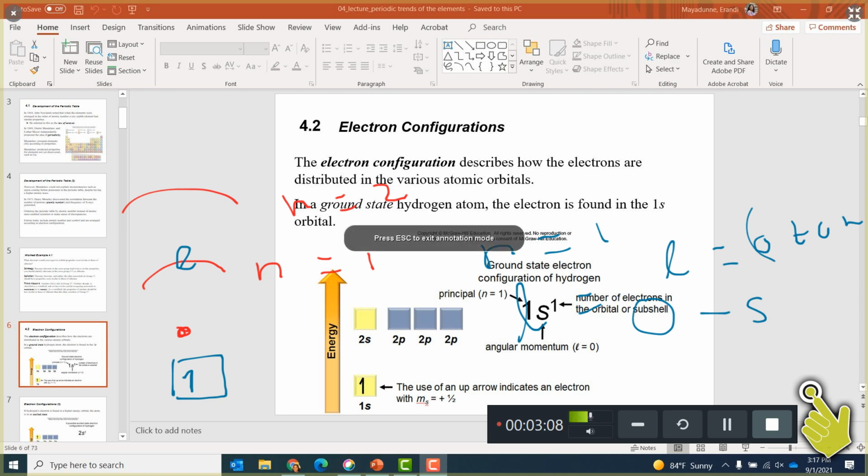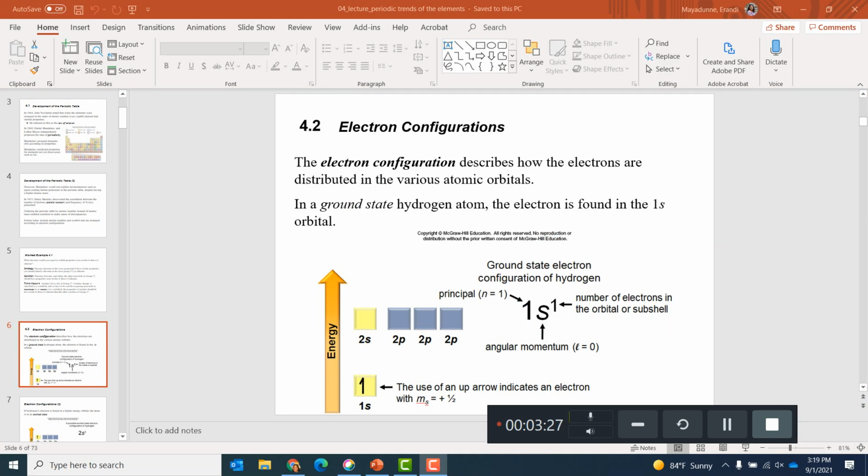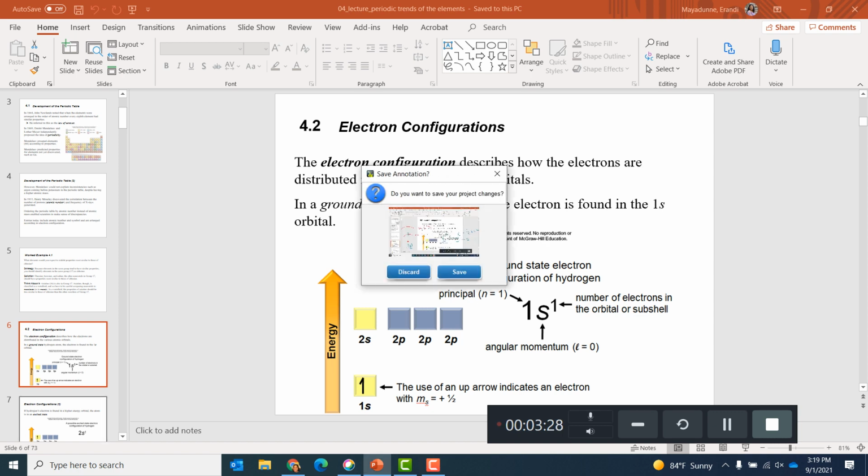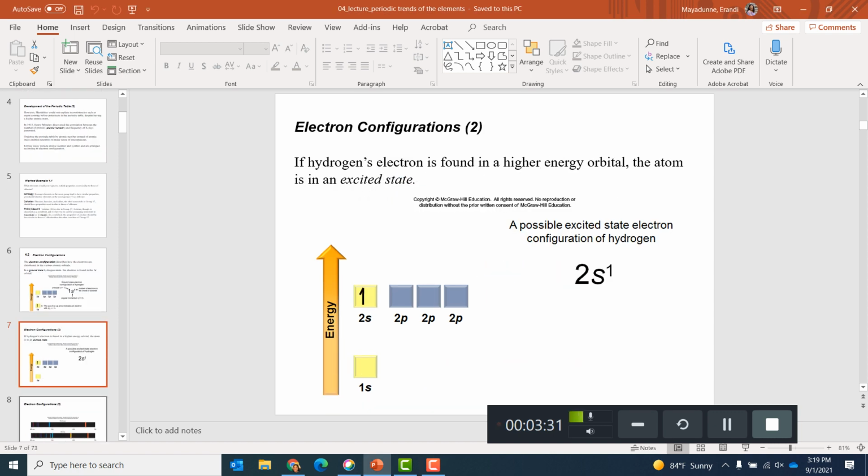And then think about helium. Helium has 2 electrons. They always sit closer to the nucleus. So 1 electron, and then the second goes down like that, 2 electrons. If I go to the next slide, think about hydrogen.